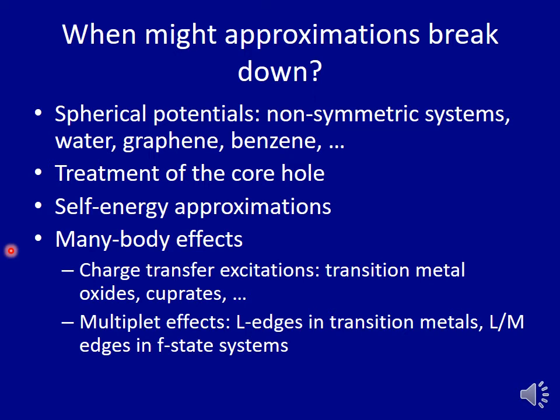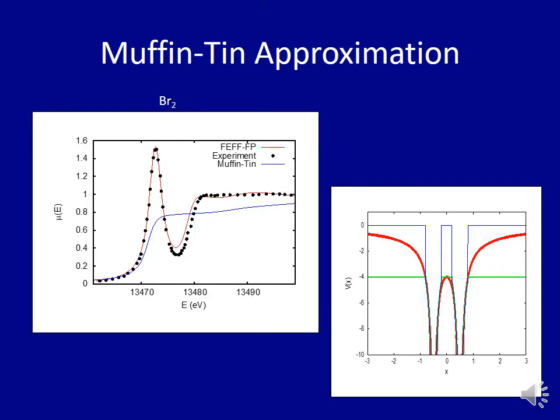In particular, charge transfer excitations that can happen in transition metal oxides or cuprates. Also, f electron states or systems like cerium oxide. And then there can be multiplet effects. So let's just take a look at some of these in particular.